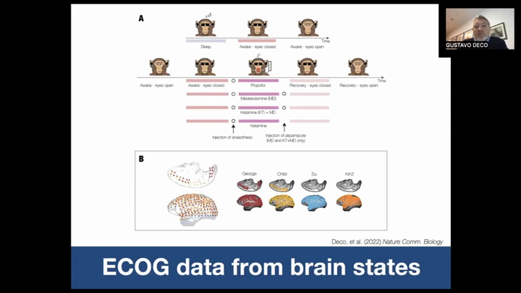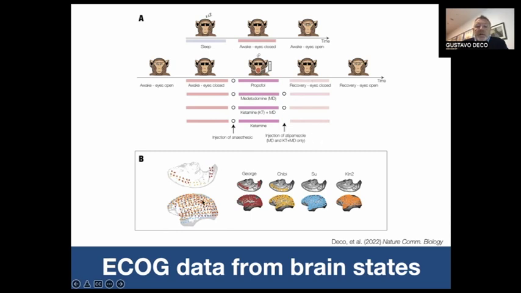We have also applied it to fMRI data in different brain states like deep sleep and awake and so on. But in this case, I will show this totally different species of data, on monkeys, which are publicly available in a site called Neurotycho.